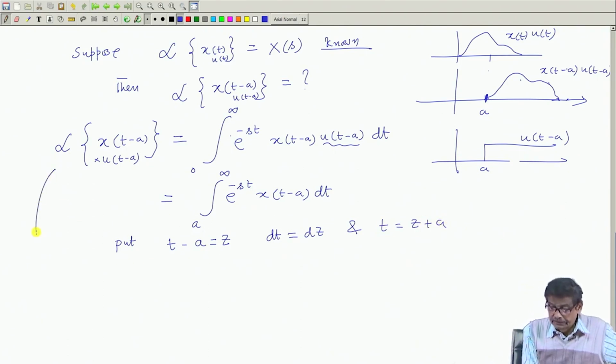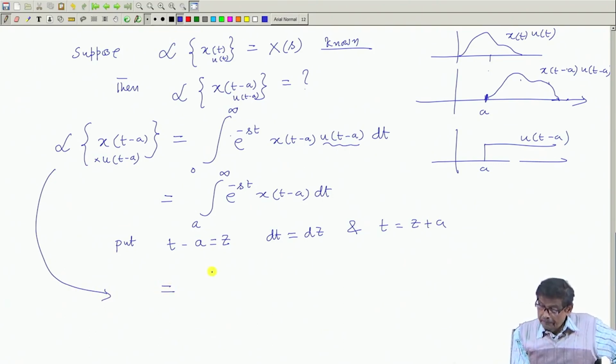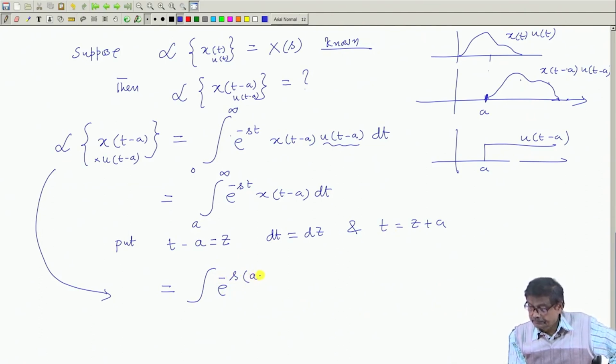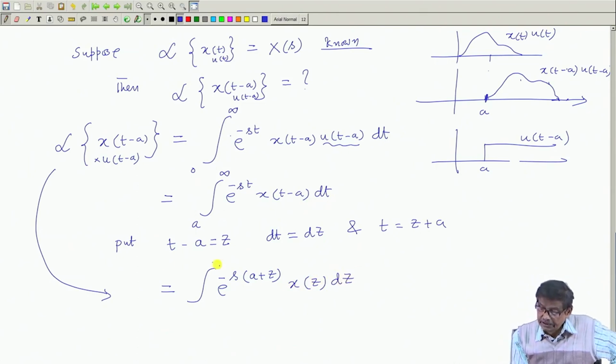This equation will then become e to the power minus s, and for t you write a plus z, into x(t minus a), that is x(z), and dz. And what will be the limit? When t equals a, z is equal to 0, and when t equals infinity, z is equal to infinity.